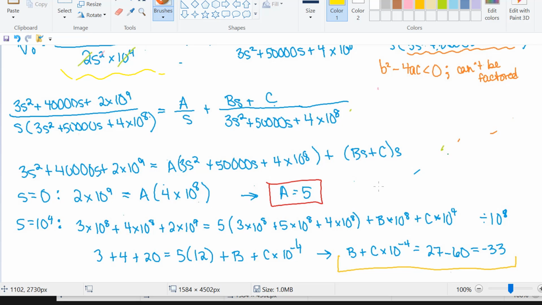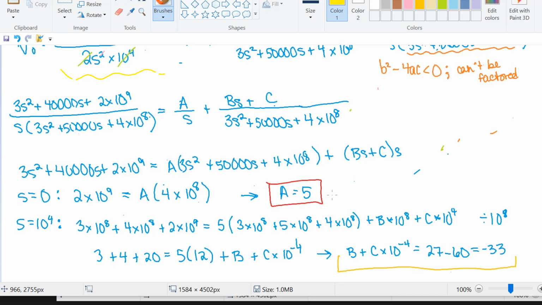And then there was one nice value to plug in, and that's s equals 0. So I just get the 2 times 10 to the 9th equals A times the constant of that, 4 times 10 to the 8th, the whole Bs plus C is gone. So A was 5.